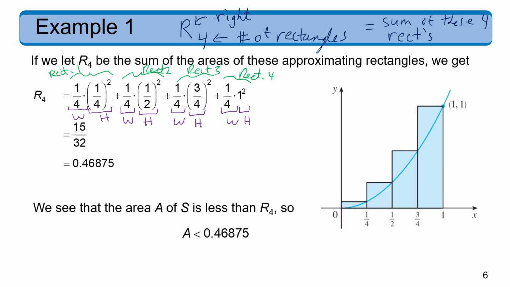So simplifying that, you would get 15/32, right? You'd have to square out, multiply, get a common denominator, add it all together. You get 15/32. Putting that in a calculator, we get this decimal. This is our approximation to the area S that we were given.